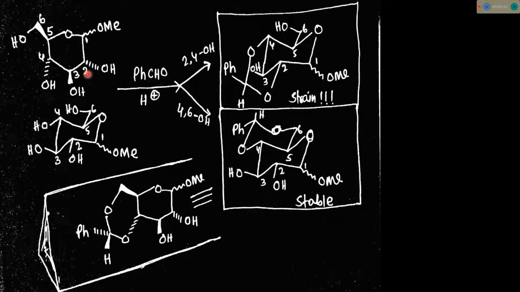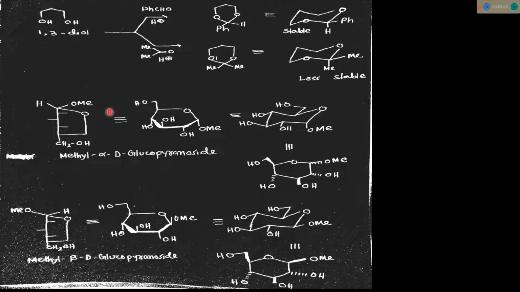See in this alpha D glucopyranoside, there is one oxygen group at the 2 position. This is carbon 1, this is carbon 2. The 2 position has an OH group, then 3, 4.